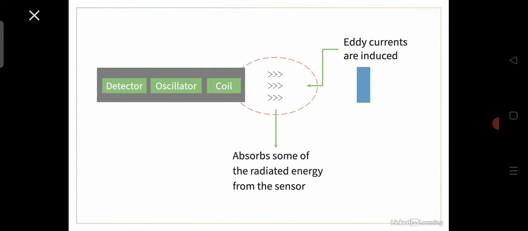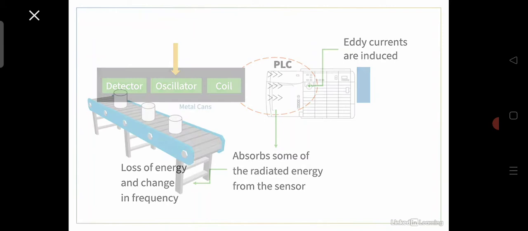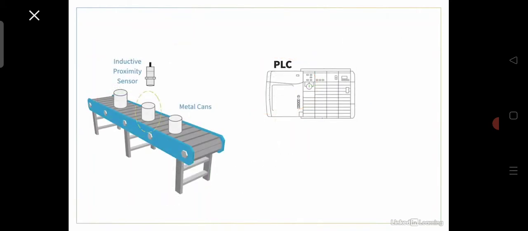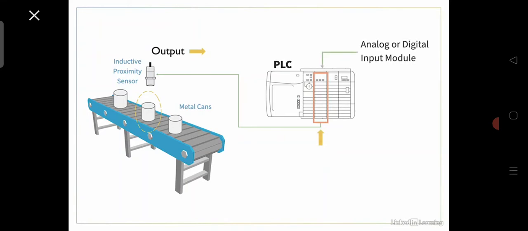The eddy currents on the object absorb some of the radiated energy from the sensor, resulting in a loss of energy and change in frequency. In any application, the sensor detects the changes in frequency and transfers the data to the PLC input module. Depending on the proximity sensor type, the data are connected to an analog or digital input module.